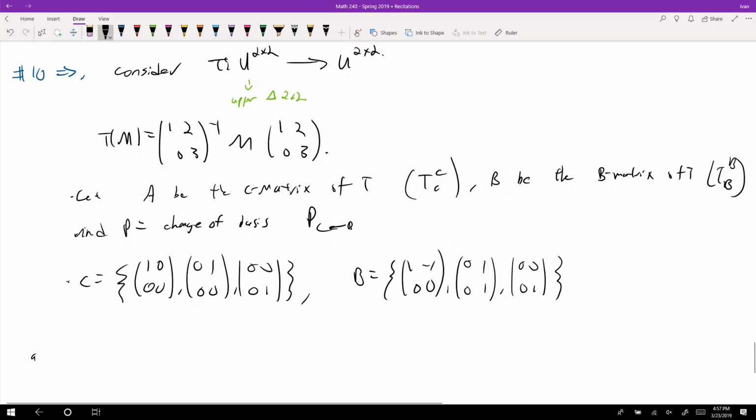Part A is to find A and B. In other words, find T_CC and find T_BB.